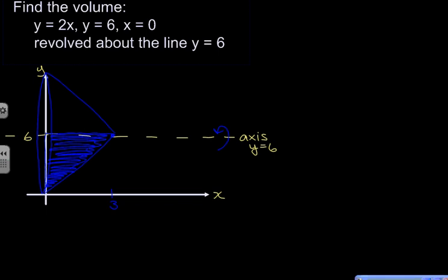Okay, next we're going to sketch in one of our cross sections. And we're using the shell method. So our shells will be lying along the y-axis.